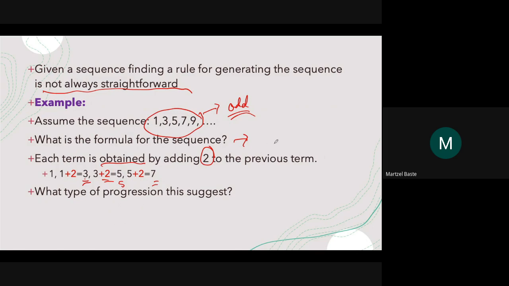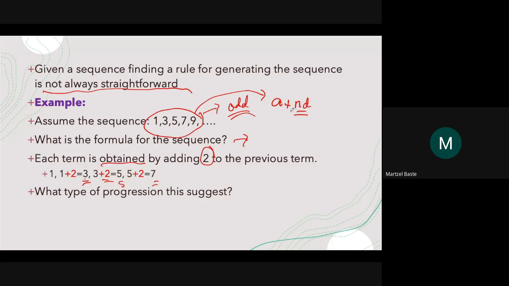This could be arithmetic progression, which is, if this one is the result, probably the initial term plus n times the common difference, which is d.